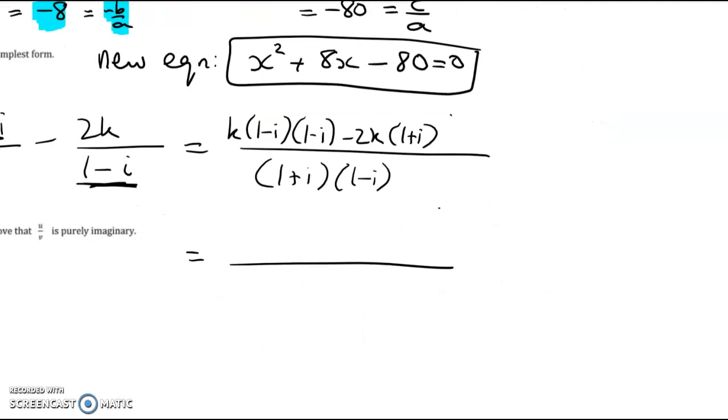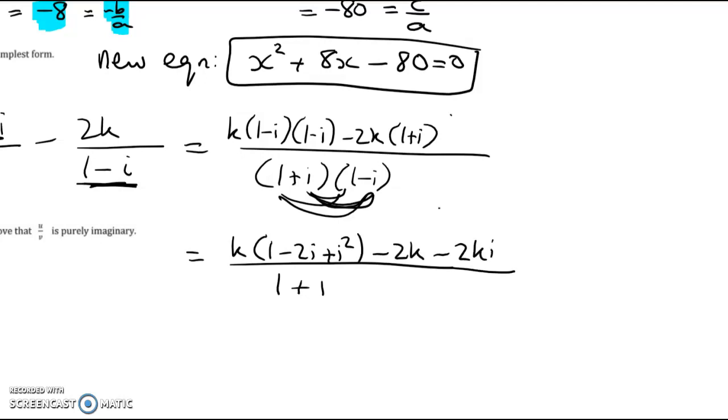Now, simplifying, let's start with the denominator. We get 1 plus i minus i squared, so plus 1. Up here, we get k times 1 minus 2i plus i squared, minus 2k minus 2ki. That cleans up to give me k times 1 minus 2i minus 1, minus 2k minus 2ki.